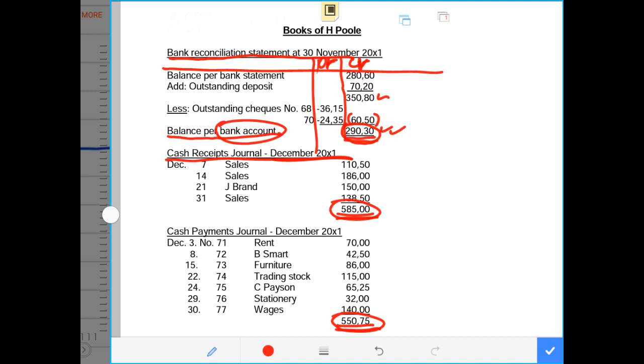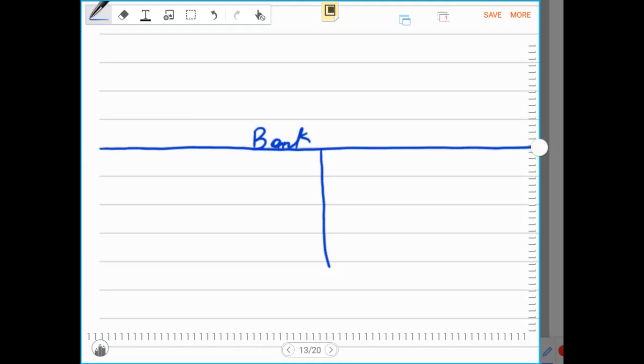A credit on the bank statement is a debit in the bank account, because it indicates a liability that the bank owes to us, and that liability is an asset on our side. So now this balance which is on the credit side is on the debit side of the bank account. So the 290.30 will be on the debit side as 290 rand 30 cents. This will be a debit balance of the bank account.